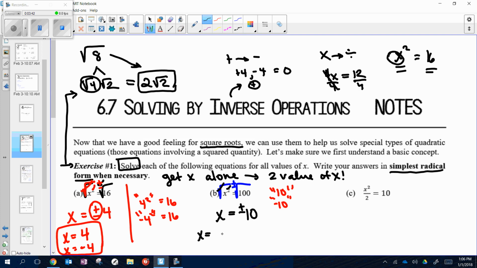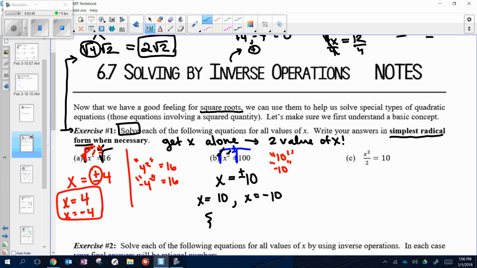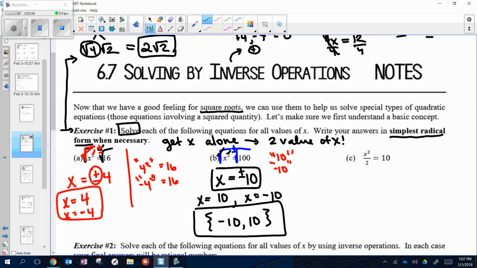So my 2 answers are 10 and negative 10. Some people write those as a solution set, negative 10, comma 10, in the squirrely brackets. So there's a couple different ways you could leave your answer. You could say plus or minus 10, or list them separately, or write them as a set.